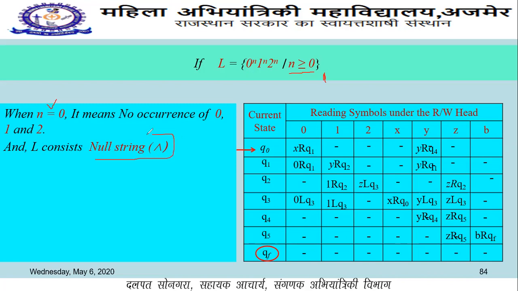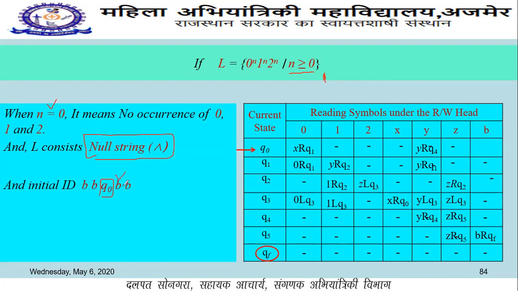If this language L consists of the null string, it means we are reading null at the initial state, and that null is in blank form. Like this is our initial instantaneous description when we are at initial state q0 and reading this blank.